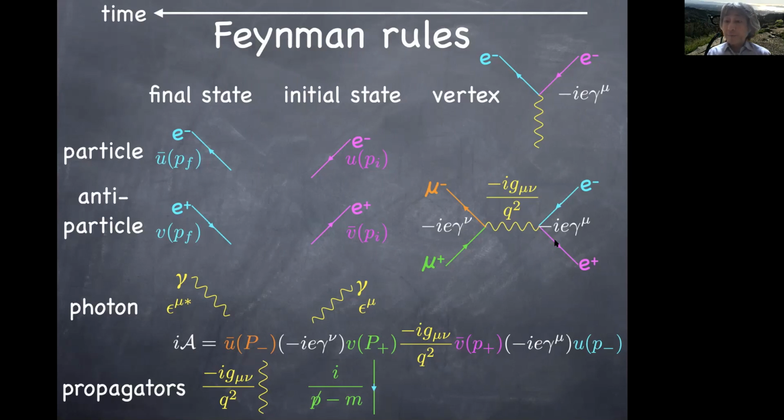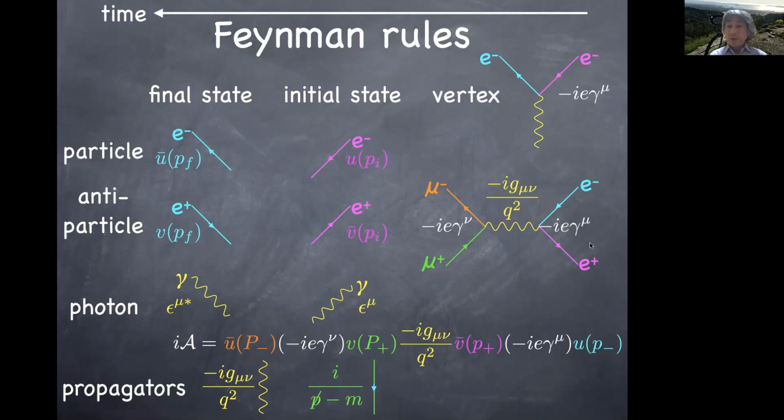That takes care of this side of the diagram. Then comes this propagator in yellow, that's this factor here. And then again, we follow the arrow for the muon side. You start with the final state antiparticle, the negative energy solution with 4-momentum capital P plus. Here is this Feynman vertex, minus i gamma nu. And the final state particle is associated with the positive energy solution with a bar on it for the 4-momentum capital P minus for the mu minus, and that's it.